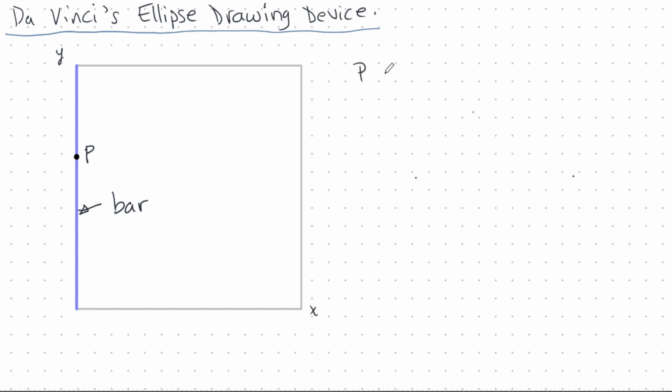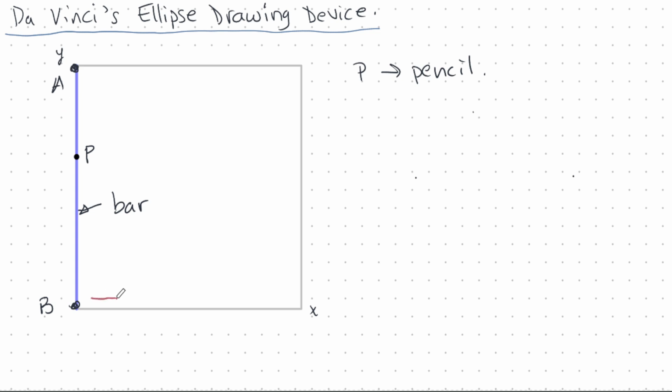And point A is fixed. Well, it's not fixed, it's just that it can't move off this vertical axis, and point B has to slide around the X axis. So yeah, you can move the bar around.